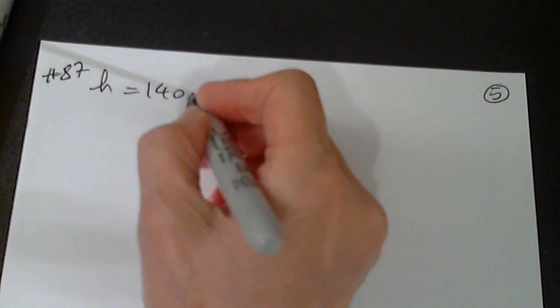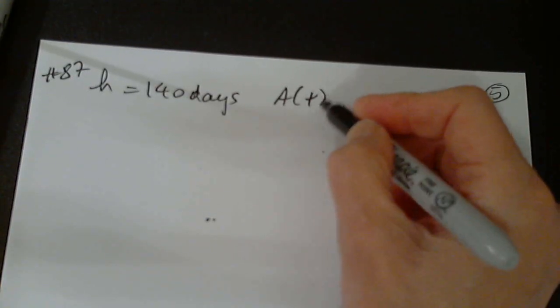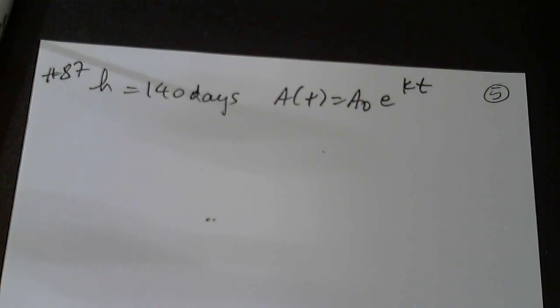A 140 days. Okay, fine. And of course, we have A of t equals A0 e to the kt. Good. Now, how long will it take for a sample of this substance to decay to 20% of the original amount?